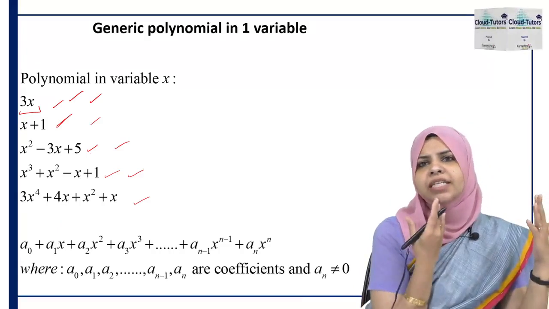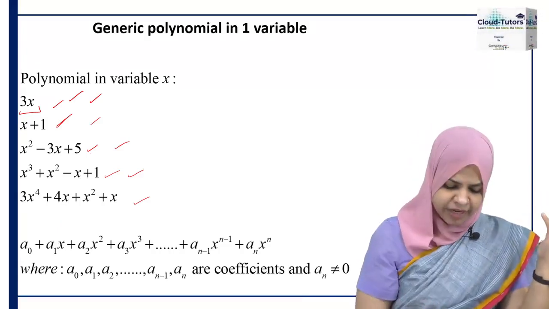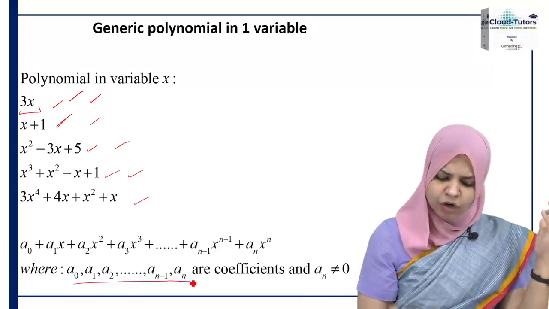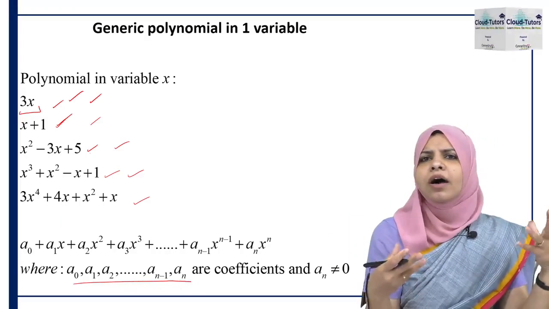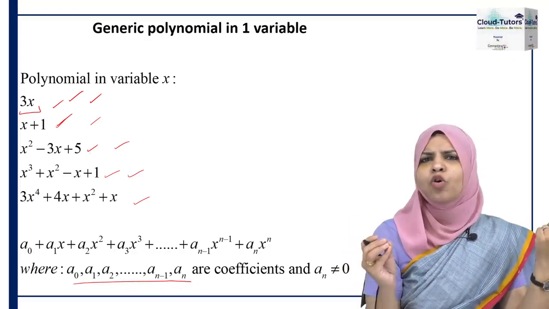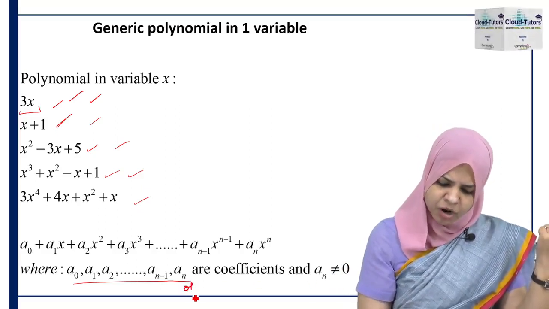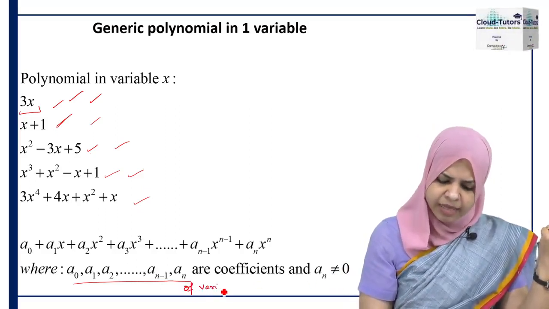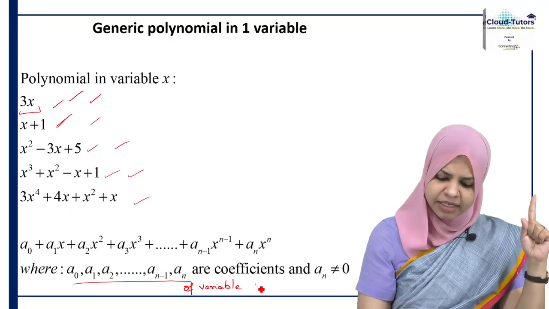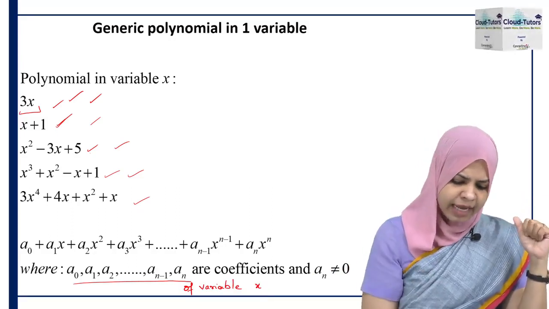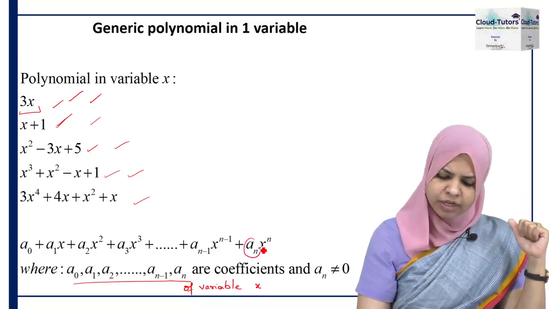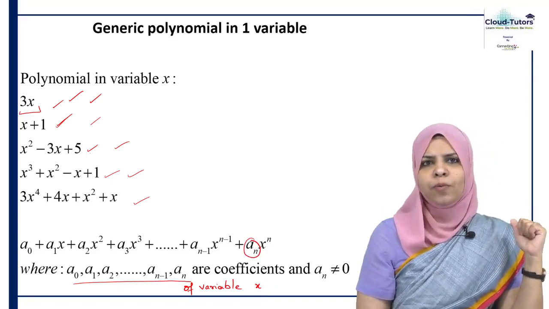Now, how do you write the generic form of this? Wherein these are constants, or I can say are basically coefficients of the variable x, correct, in this particular expression. And remember, n is not equal to 0.